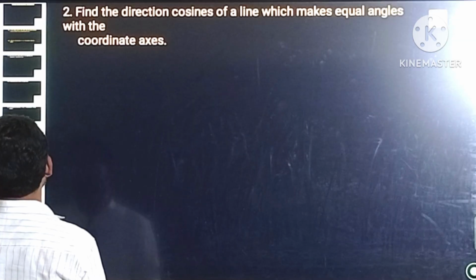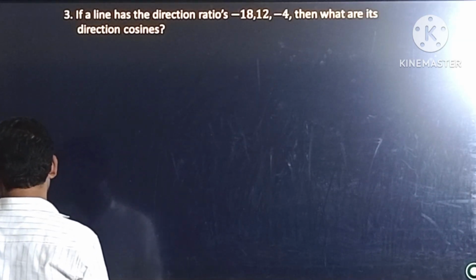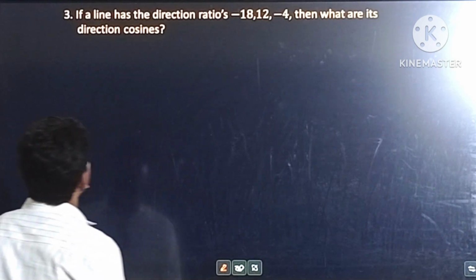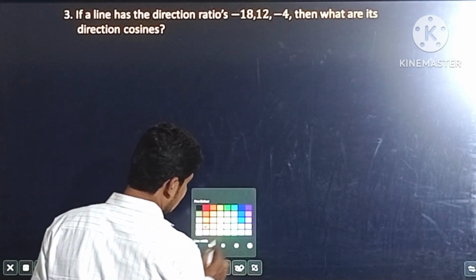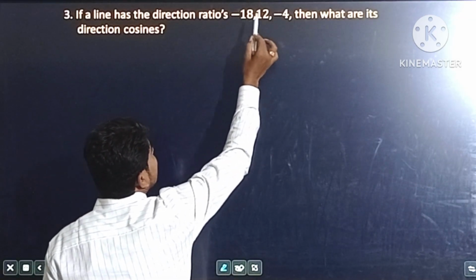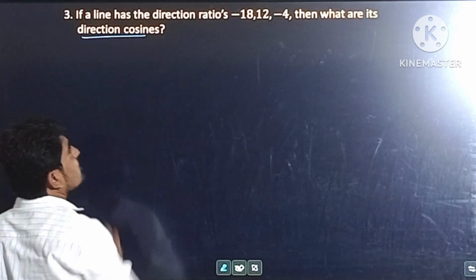The next question is, if a line has the direction ratios minus 18, 12, minus 4, then what are its direction cosines? See here in this question, he has given that the direction ratios of the line are minus 18, 12, minus 4, and we need to identify the direction cosines.